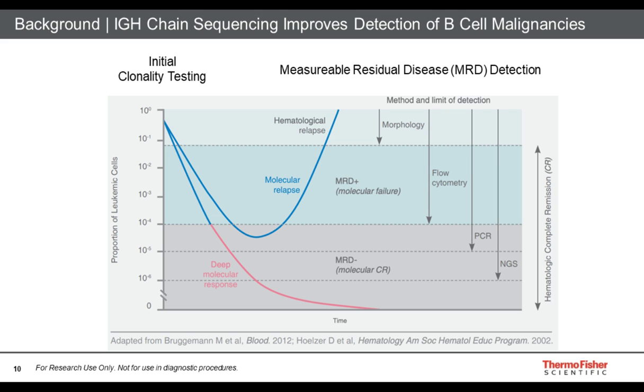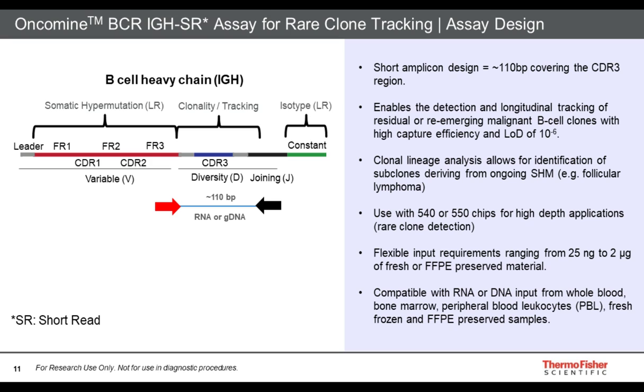So within the larger umbrella of rare clone detection, we have created the IGH-SR assay for rare clone detection and tracking. And you'll note from the cartoon on the left side of this slide, this consists of AmpliSeq primers that target the framework 3 region of the IGH chain and the joining gene region.